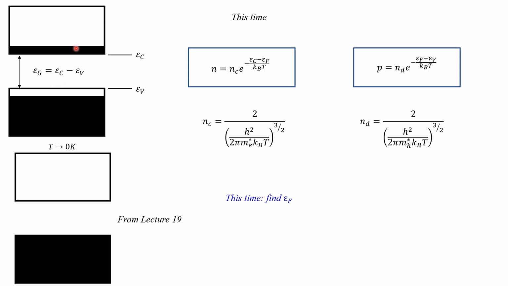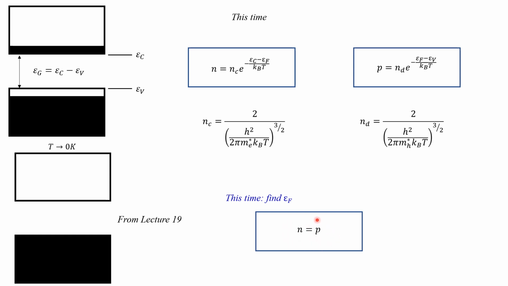So each electron that was excited to the conduction band left behind a hole. That means that the number of electrons in the conduction band must be equal to the number of holes. In other words, the concentration of free electrons must be equal to the concentration of holes.